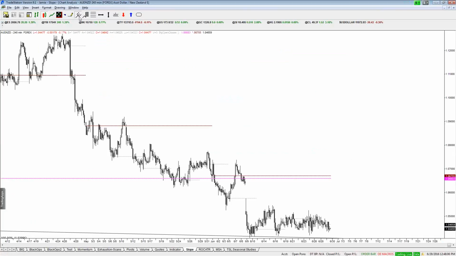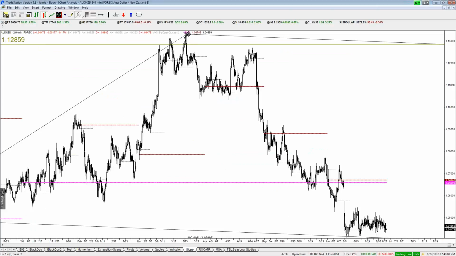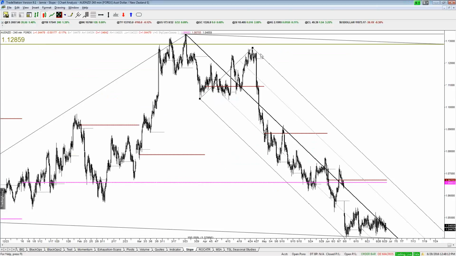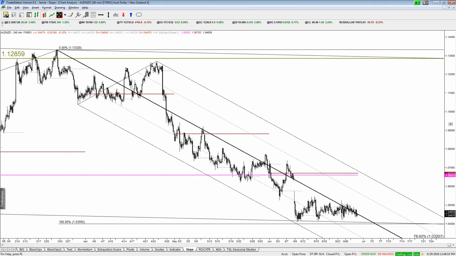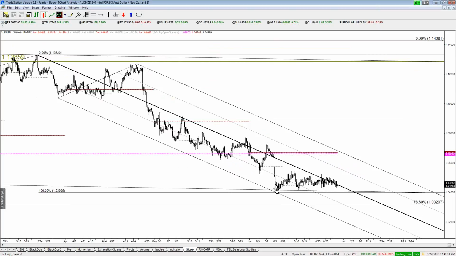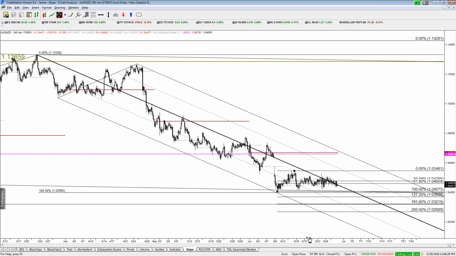Going to the 4-hour chart, it does look like price action from basically the 9th or 10th of June is a triangle. It's going to try to break lower, in which case you would have two targets.